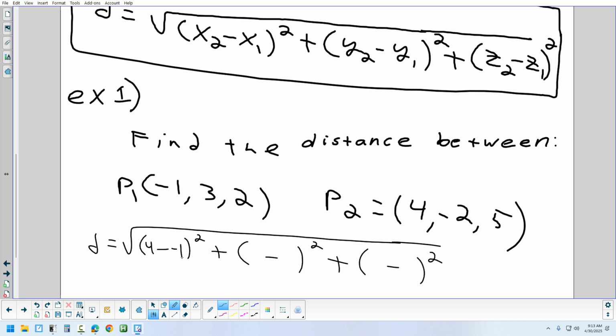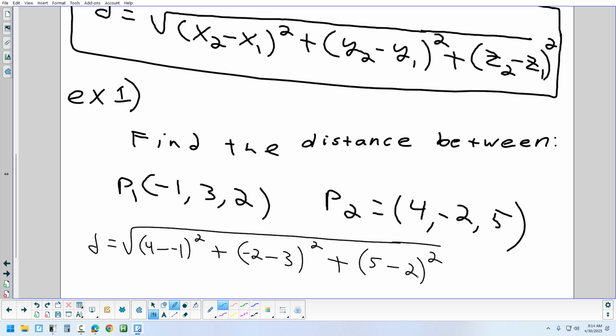Okay. How about my next set of parentheses? What's going to go in there? Yeah. Negative 2 minus 3. All right. And what about in my third set? 5 minus 2.